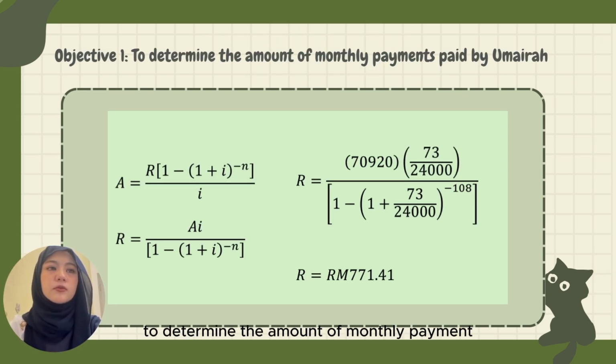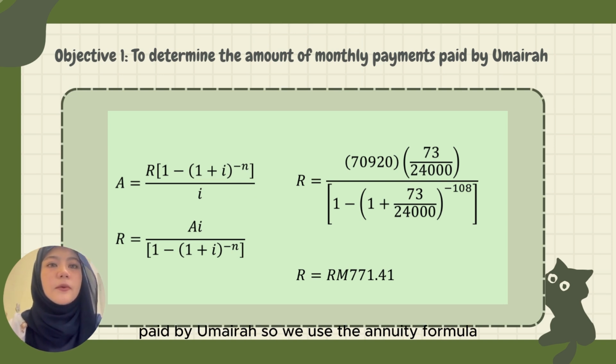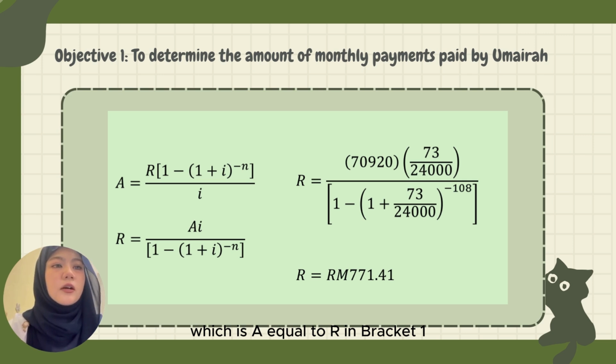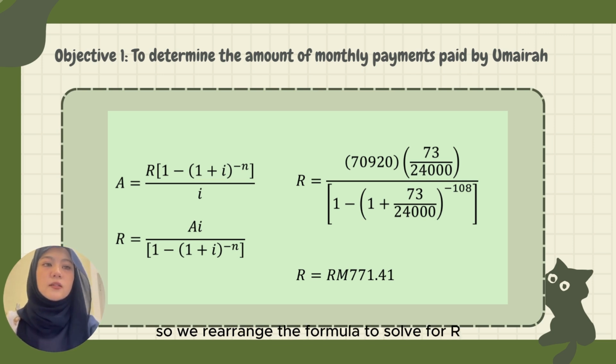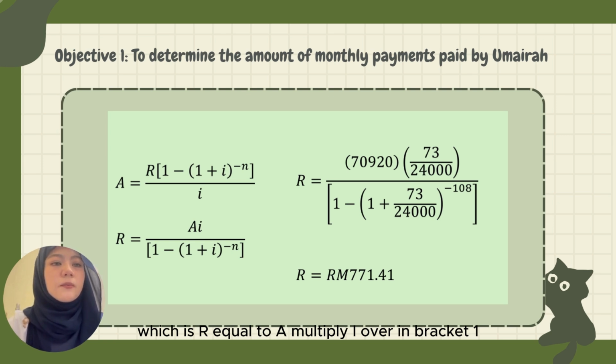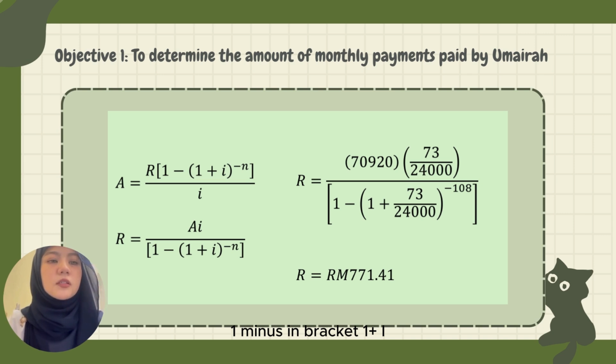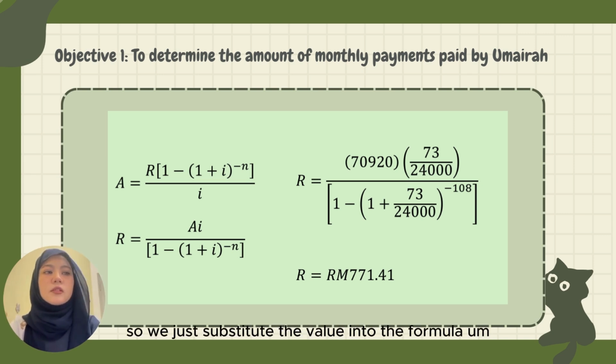For objective 1, to determine the amount of monthly payment paid by Umairah, we use the annuity formula, which is A equal to R in bracket 1 minus in bracket 1 plus I to the power of minus N, over I. So we rearrange the formula to solve for R, which is R equal to A multiply I over in bracket 1 minus in bracket 1 plus I to the power of minus N. So we just substitute the values into the formula.